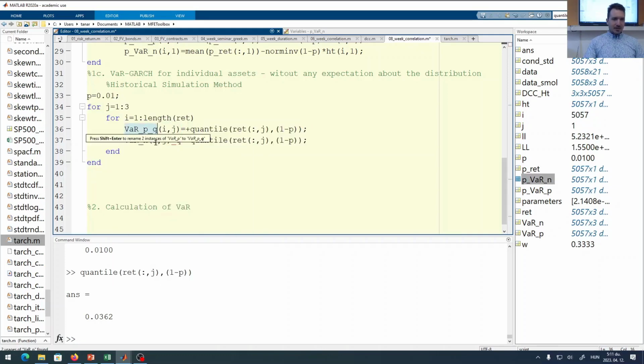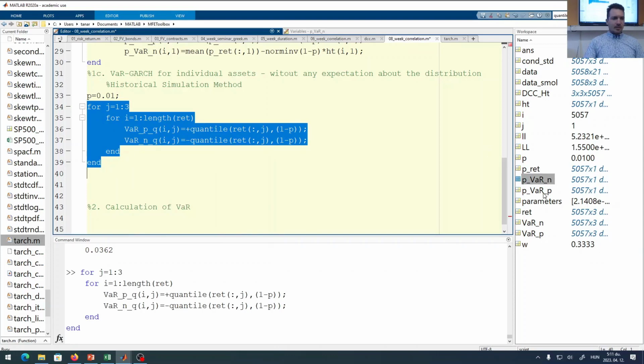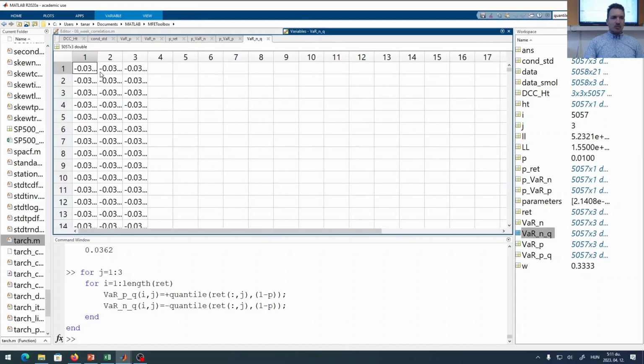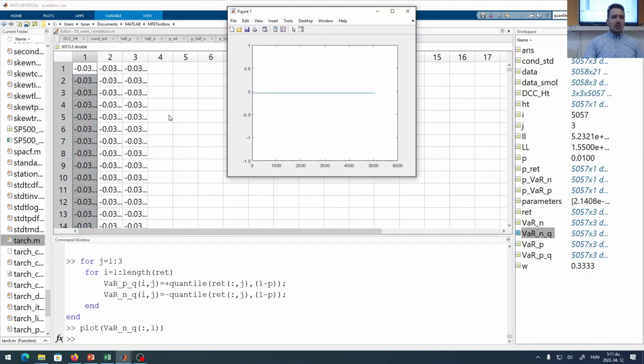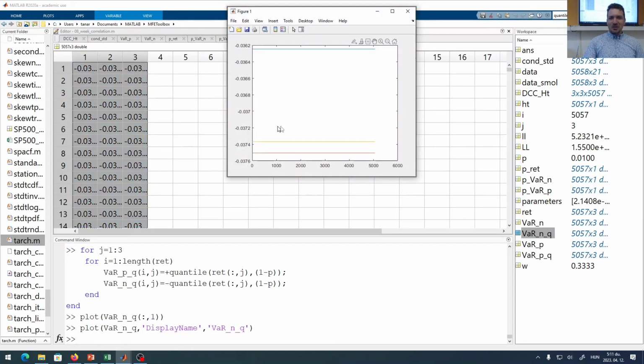Yeah, now it's a flat line, because I'm not allowed to change it.